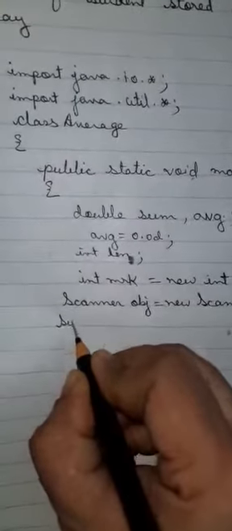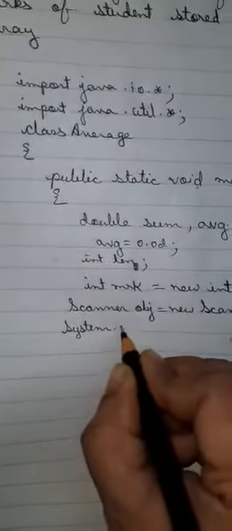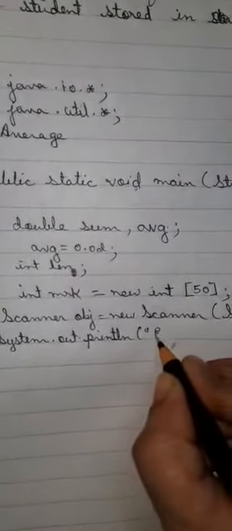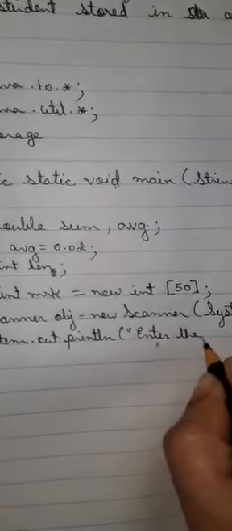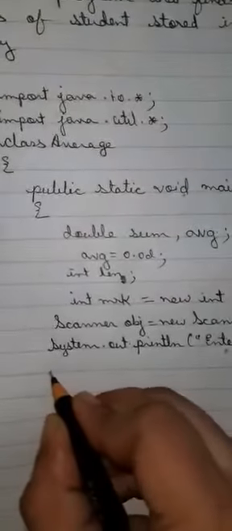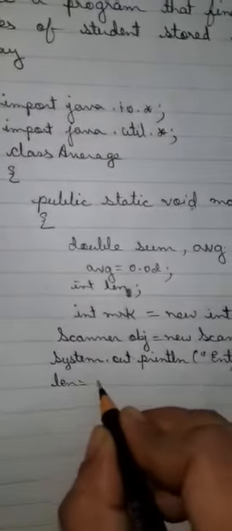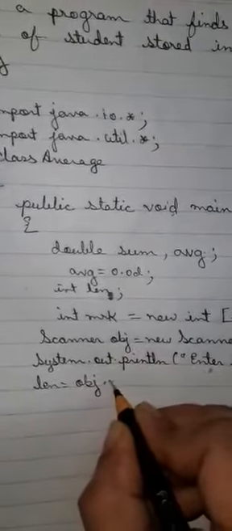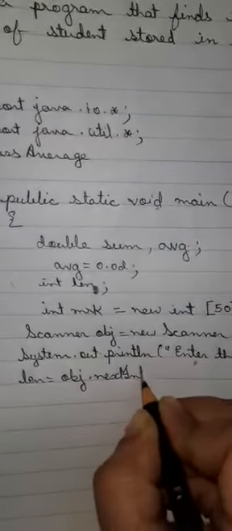So System.out.println("Enter the length of array"). Then len is equal to obj.nextInt(). So the length is entered.